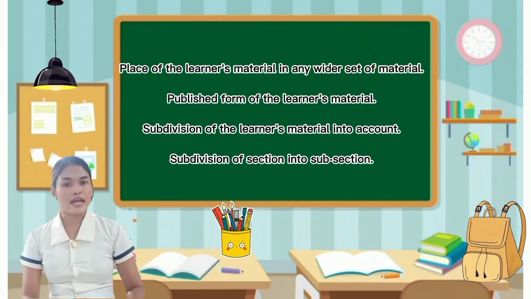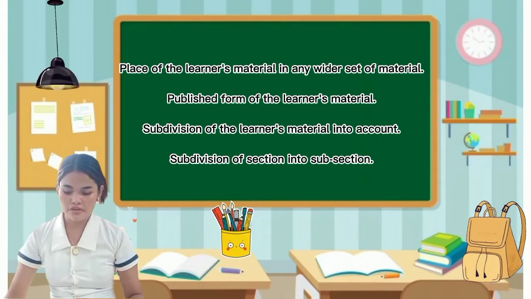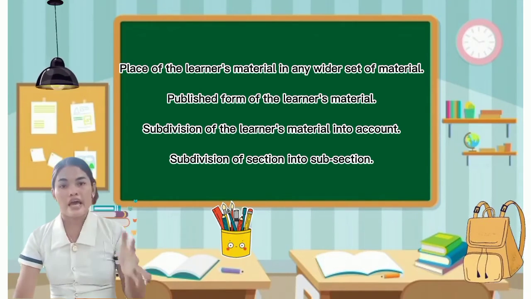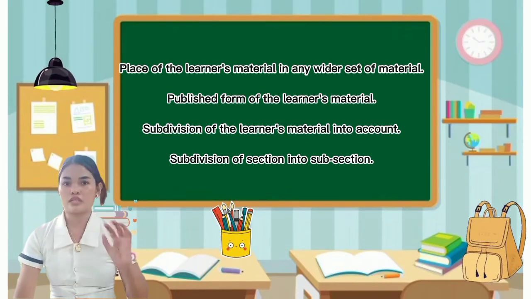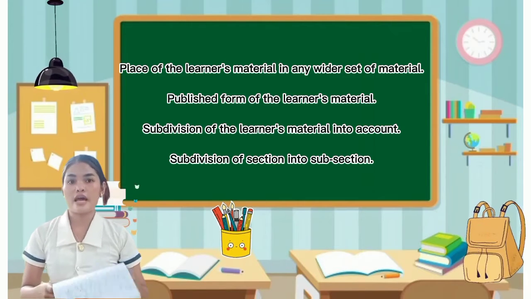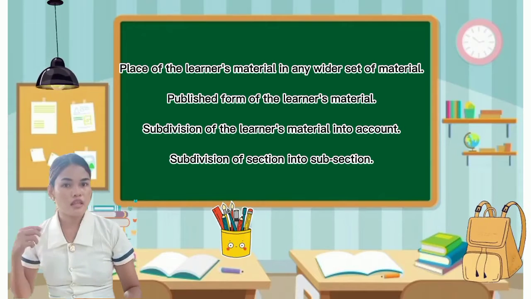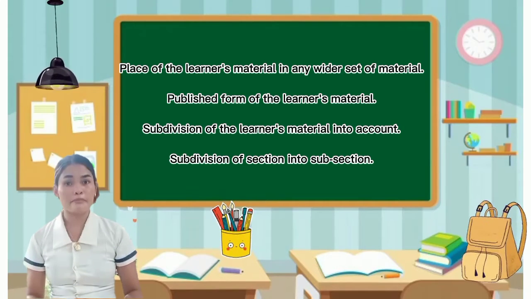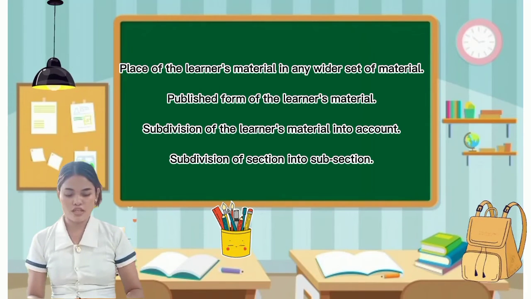Okay, so another subtopic, we have the subdivision of learners' materials. Basically, every learner's material is expected to be divided into 6 sub-units with a standardized number of pages for each one. So that would be all. And for the last subtopic, we have the subdivision of sections into subsections.